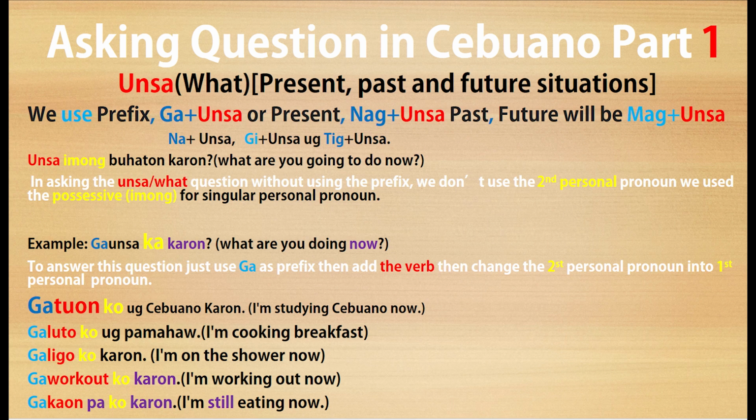I'm still eating right now. So our prefix is ga. Somebody is asking you gaunsa ka. What are you doing now? By listening to this, you'll be able to familiarize yourself with the use of gaunsa, or what are you doing.